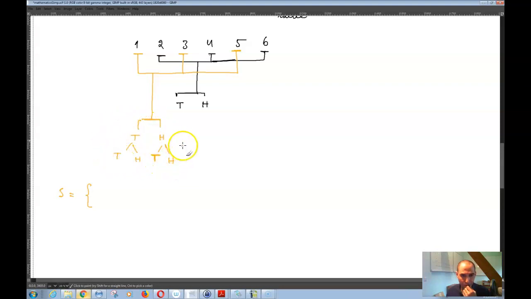First of all, we need to simplify this situation here, otherwise we would get into trouble. So this will give me either head, tails, head. This part over here gives me tails, heads, or heads, tails, or heads.